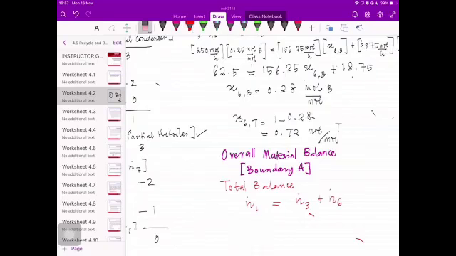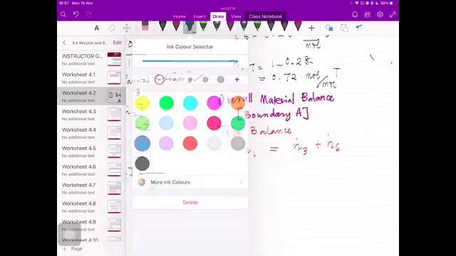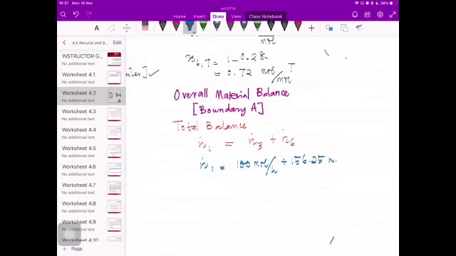So N1 is equals to N3, which is known, 100 mole per hour, plus N6, which we know just now, 156.25 mole per hour.